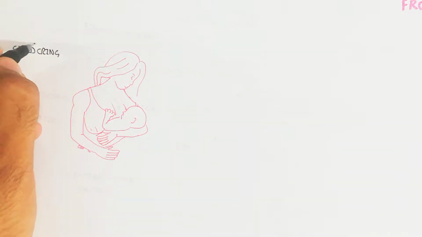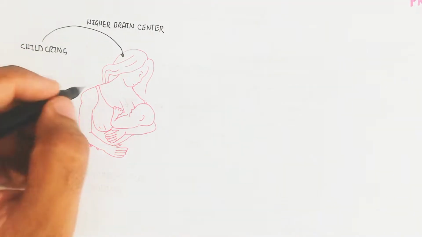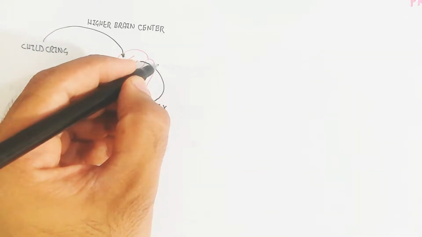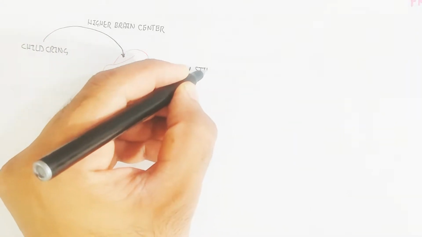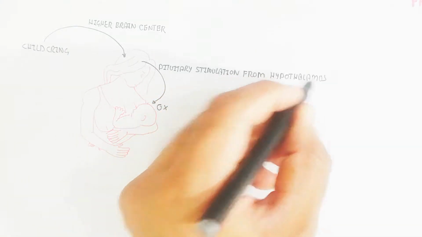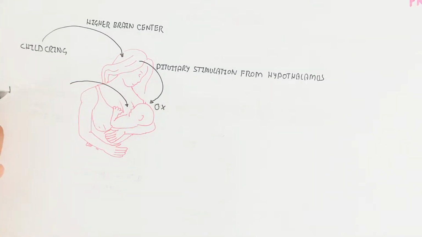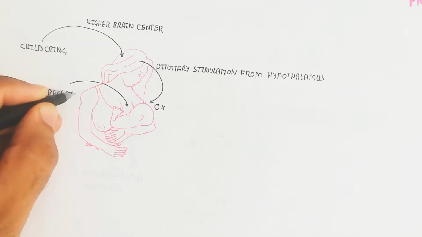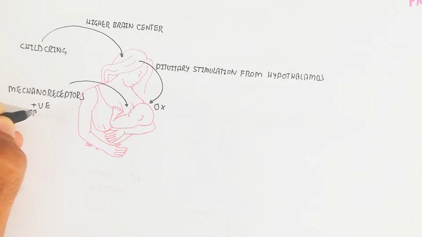secretion of milk. So this is the female who has a baby, her child, and when the child cries, the higher brain center will activate to stimulate the hypothalamus, and the pituitary stimulation from the hypothalamus will release oxytocin as well as prolactin.